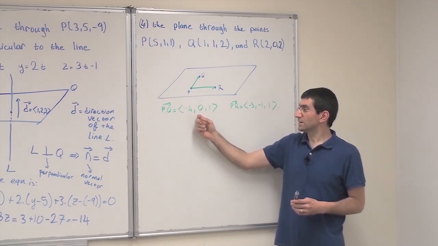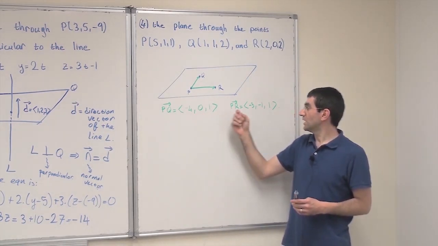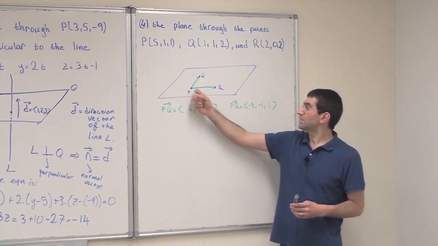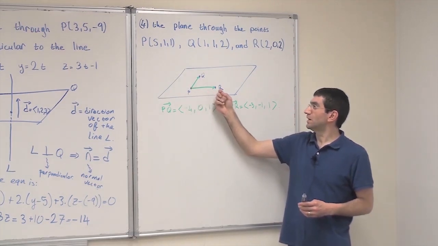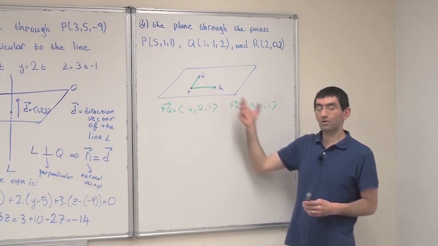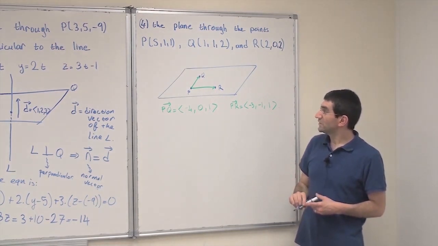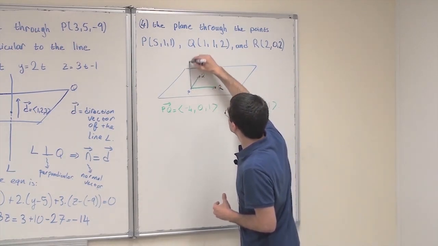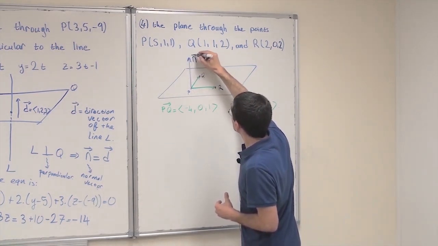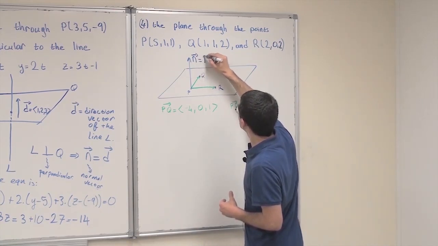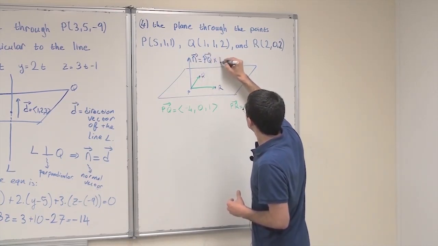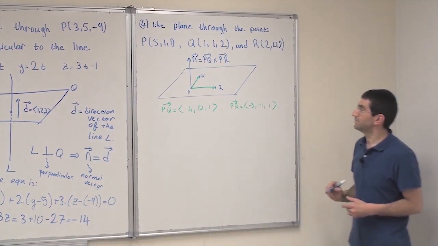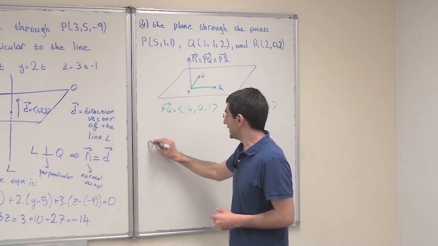So the cross product of the vectors PQ and PR will create a third vector which is going to be perpendicular to PQ and PR. But since PQ and PR are already on the plane, this cross product will be perpendicular to the plane. So our normal vector is going to be the cross product of PQ and PR. So let's find that.